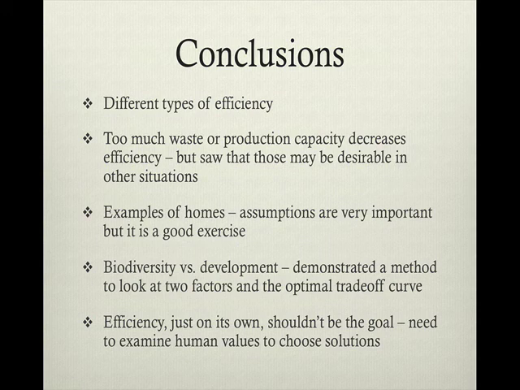In the example of the homes, the assumptions are very important, but it's a good exercise to look at building energy efficient homes along with other factors: landscaping, siting, proximity to services, those sorts of things. And the biodiversity versus development example demonstrated a model to look at multiple factors without having to reduce it all to dollars.